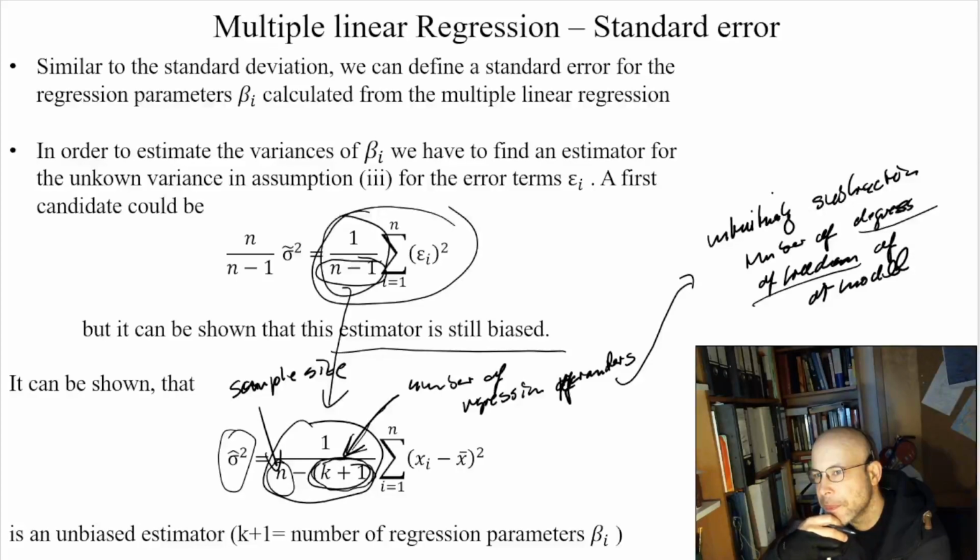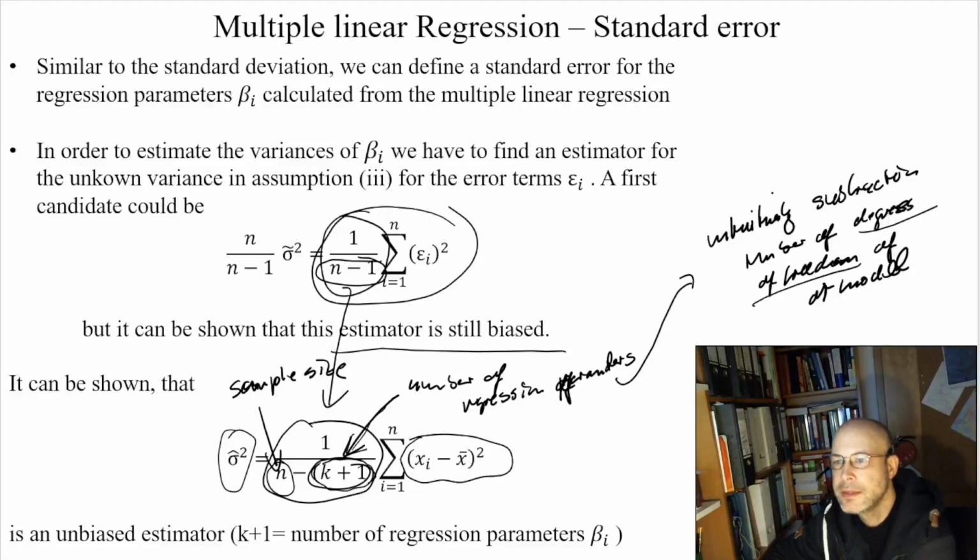So if we have 4 betas, beta 0, beta 1, beta 2, and beta 3, then we have to subtract from the sample size. Maybe we asked 1,000 people. 1,000 people minus 4 is 996. And with this, we have to normalize the squared distances.